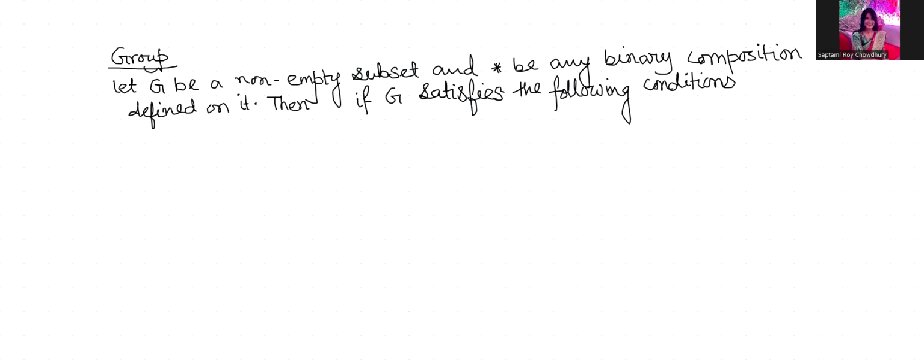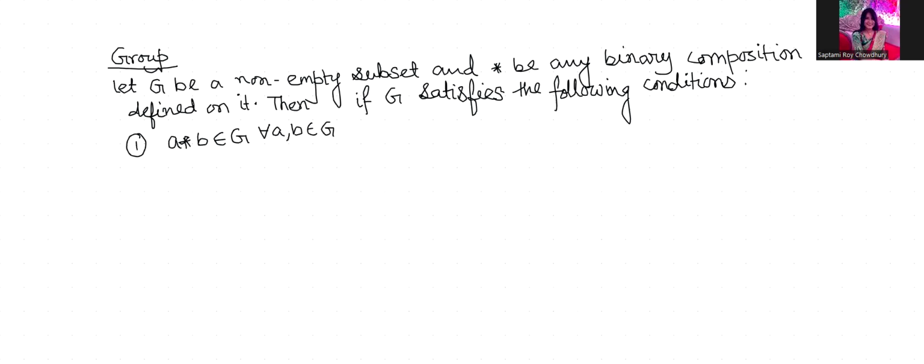So let G be a non-empty subset, and star be any binary composition defined on it. Then if G satisfies the following condition, condition 1: a star b belongs to G for all a, b belonging to G. That means if we consider this star as plus, the sum of all real numbers is a real number.